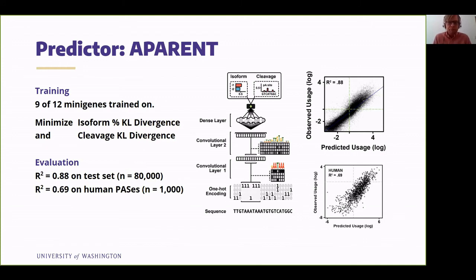And so the APARENT network's isoform output treats these spurious cleavage events that are upstream or too far downstream from this central hexamer that we aligned on as competing cleavage. It counts that as the distal isoform, which means that the network will learn that these other hexamers that are close by are treated as repressive elements.